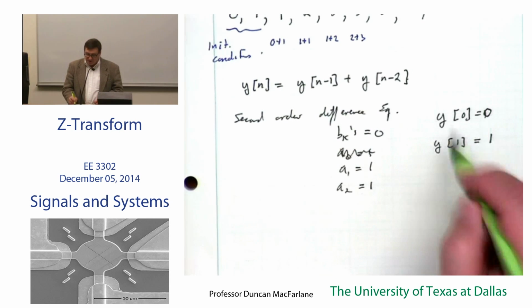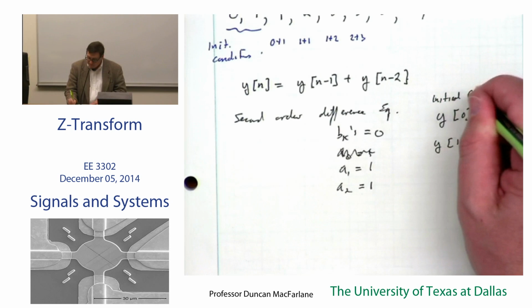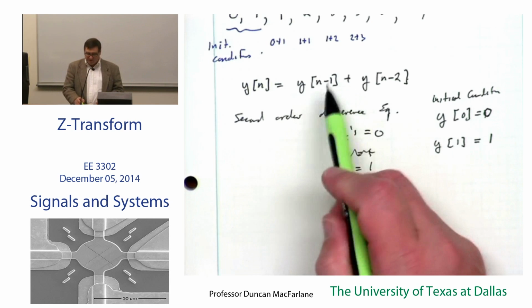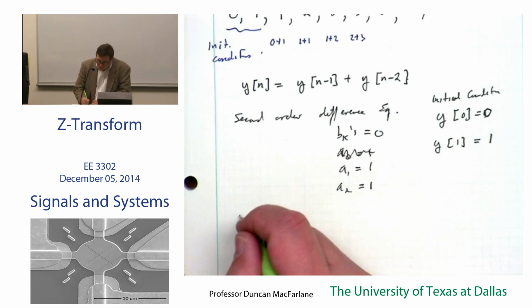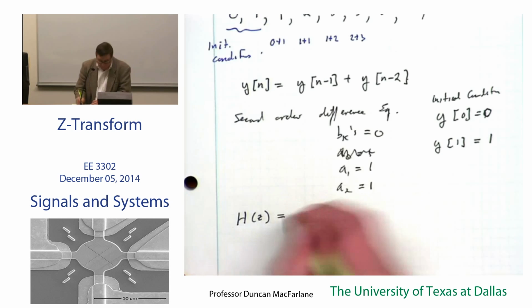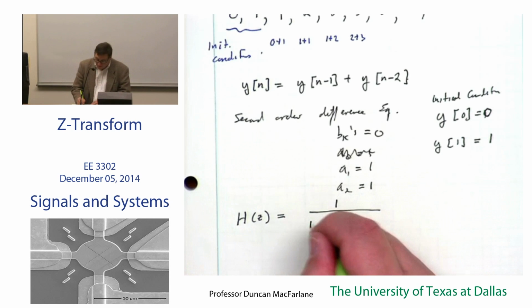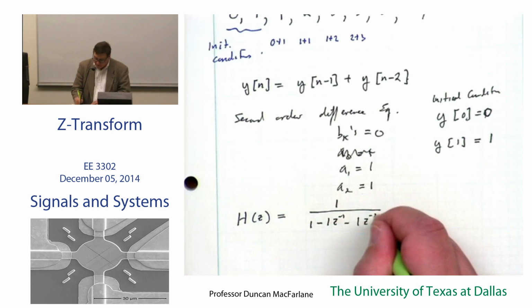So if you change the initial conditions, you can do anything you want with the sequence. If you change these minus signs here, you can do even more things. There's no numerator, so I'll just put a 1 there, over 1 minus 1 times z to the minus 1 minus 1 times z to the minus 2.